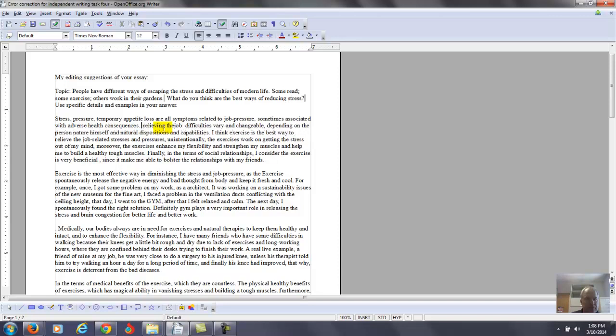Don't even need that really. Let's just say depends. Depends on the natural dispositions and capabilities. I would just say that.